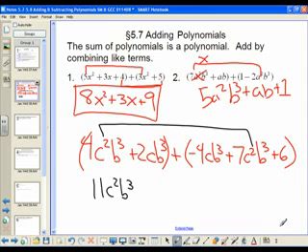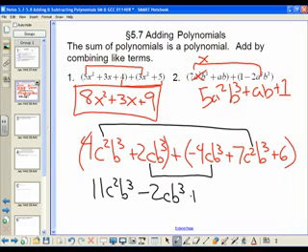The 2c b cubed term can only be added to the negative 4. So these two are added together, and positive 2 plus a negative 4 is a negative 2. So it's minus 2cb cubed. Go add them together. 4 plus 7, 2 plus negative 4, and then we have plus 6 because there's nothing else. Any questions?